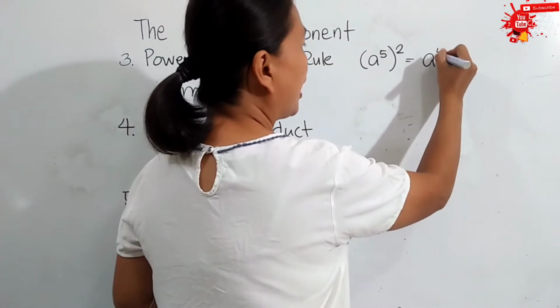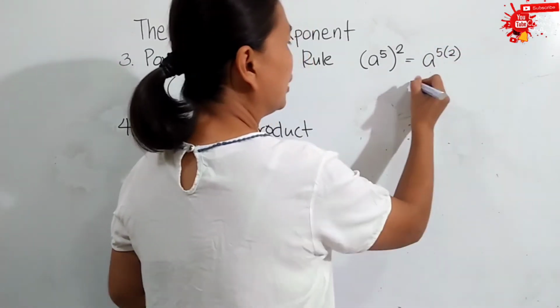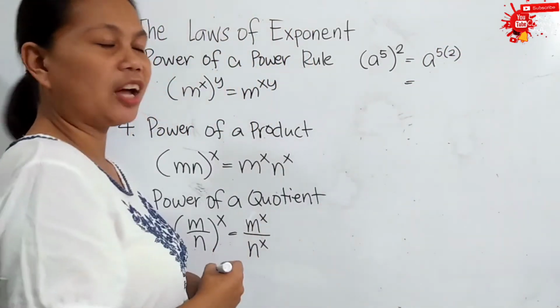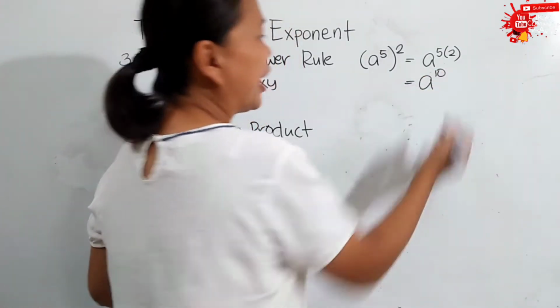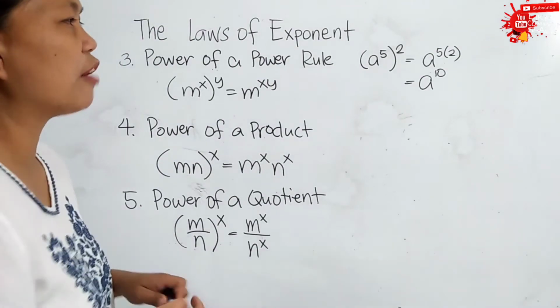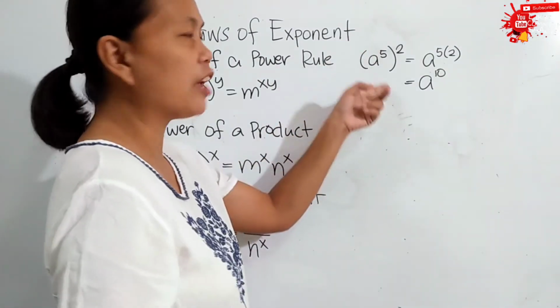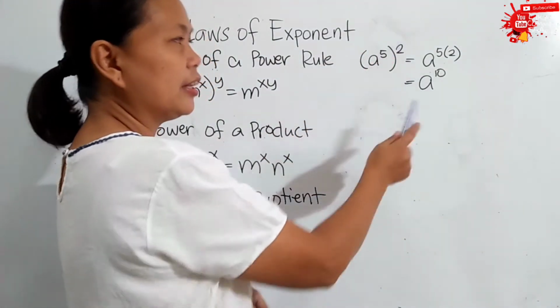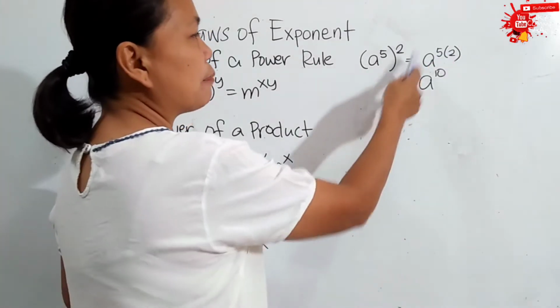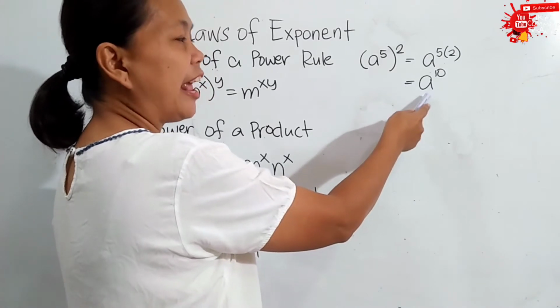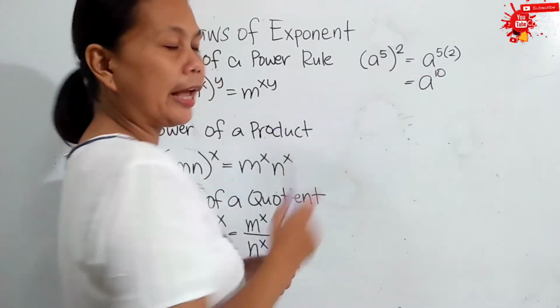So we have here 5 times 2. And what is 5 times 2? We have here 10. So we have a raised to 10. So the quantity of a raised to 5 squared is equal to a raised to 5 times 2. Simplifying it, we will arrive at a raised to 10.